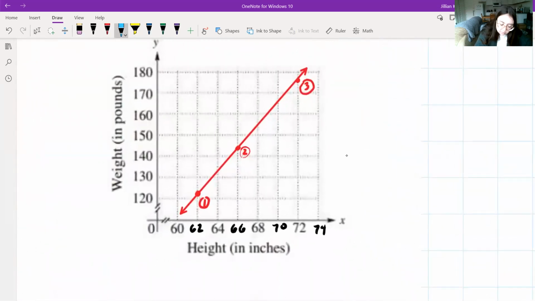So we're estimating 155. We're going to say it's about right here, 155. So we want to track over to our line and find the point on our line that's about 155, and find the x value, which corresponds to 68.